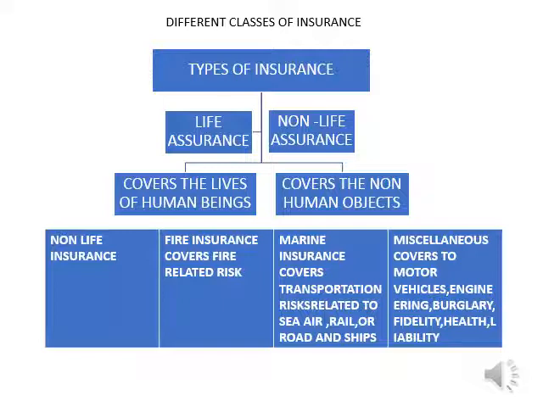Non-life insurance has fire insurance, which covers fire-related risk. Marine insurance covers transportation risk related to sea, air, rail, road or ships. Miscellaneous covers motor, vehicles, engineering, burglary, fidelity, health, liability, etc.